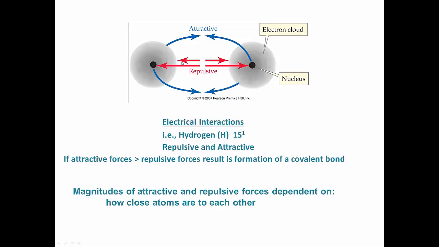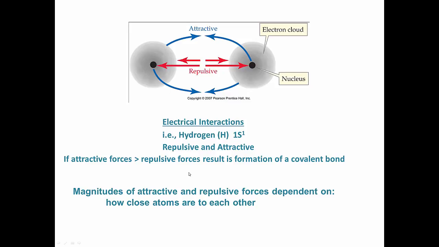And each hydrogen atom has an electron, and those electrons also repel one another. Now, think about the attractive forces. You have 1 nucleus being attracted to the electron of the other hydrogen atom, and this nucleus being attracted to the electron of this hydrogen atom.